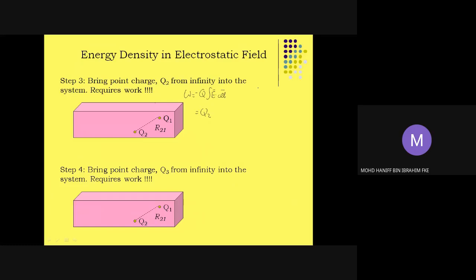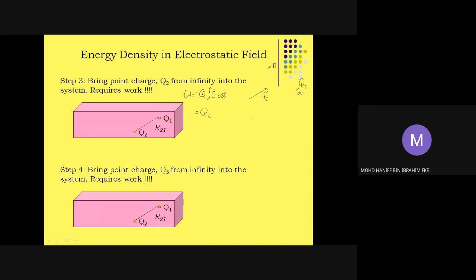If I re-sketch the problem, let's say this is the point at infinity, and the point A, for instance. We try to bring the charge Q2 to the point A, where there is an E field produced by the charge Q1.